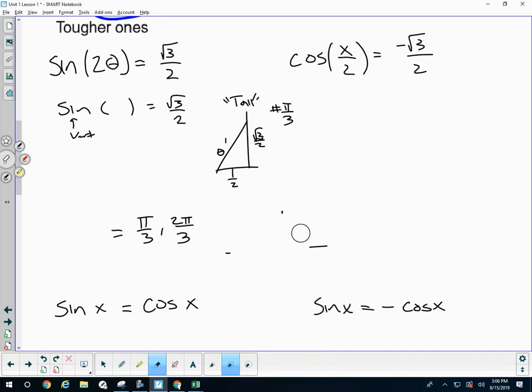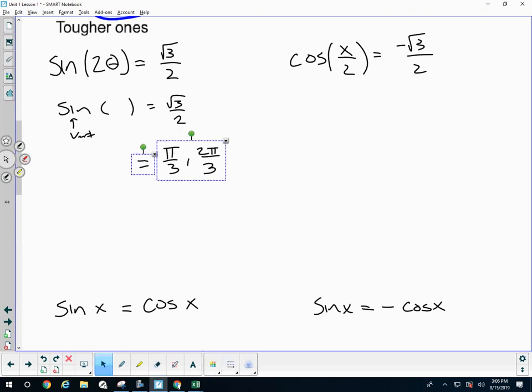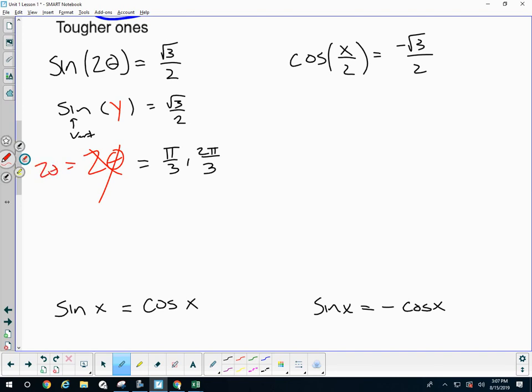But these are not my answers. Because I'm not looking for just theta, I have 2 theta. This stuff inside, 2 theta, has to equal those angle measurements. If you wanted to do like a y, you'd say, okay, y has to equal that, but y is equal to 2 theta.